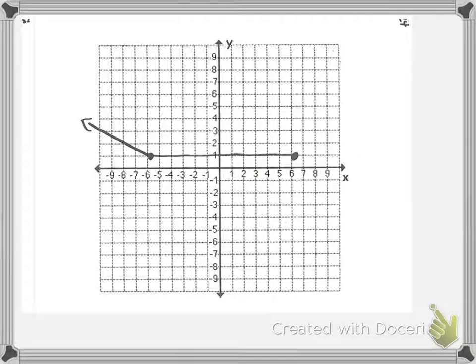Let's look at one more graph to reiterate it one more time. Go ahead and pause it now and see if you can tell where the graph is increasing, decreasing, or constant. We can see an interval where the graph is falling from left to right.